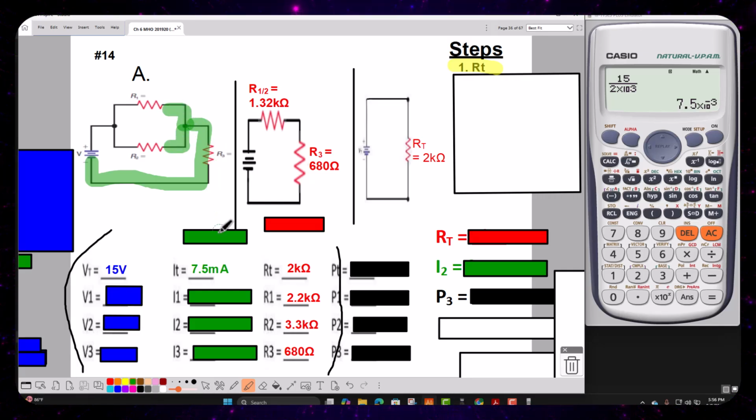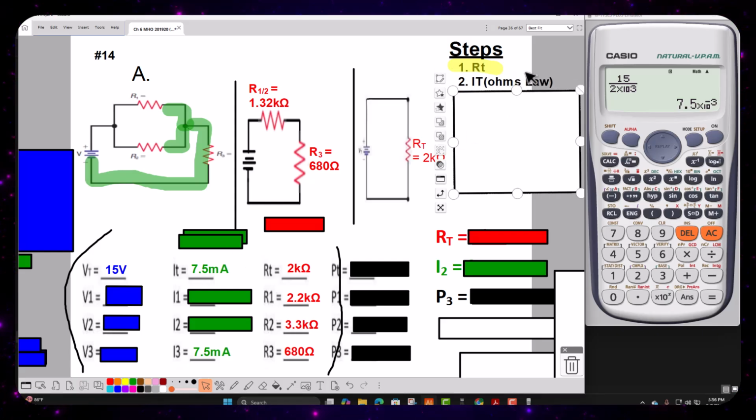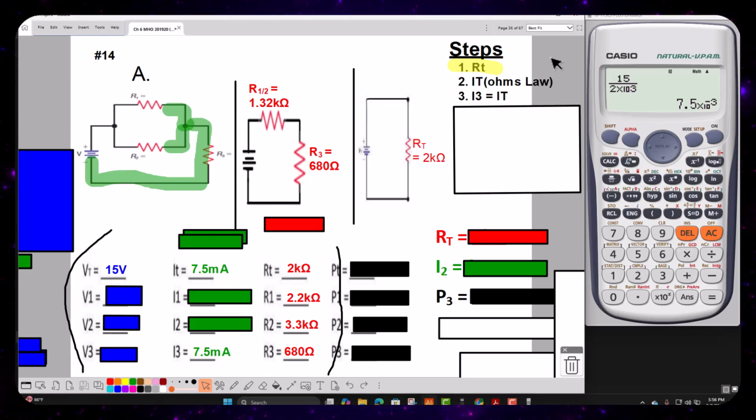So R3 is on the main branch in this instance. That means that I3 is going to have the same current as IT. So I used Ohm's law to find IT. Then the next thing I did, I realized just by understanding my principles that I3 is going to be equal to IT.